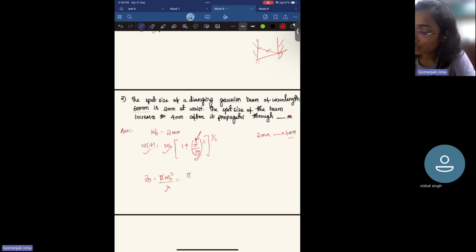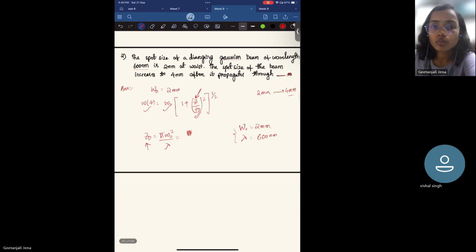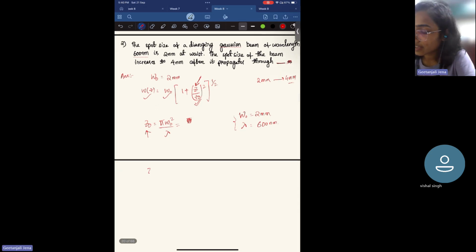Both W0 is given, it is 2 millimeter, and lambda is given, it is around 600 nanometer, right? So use this to calculate the value of z0. If you use it, then z0 will come around 20.94 meter.